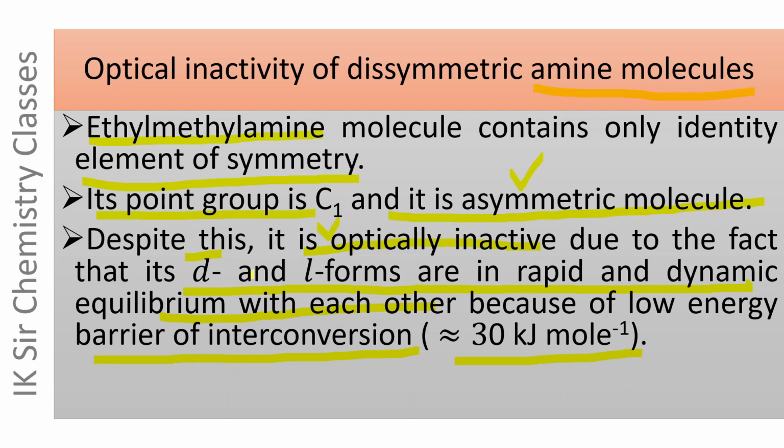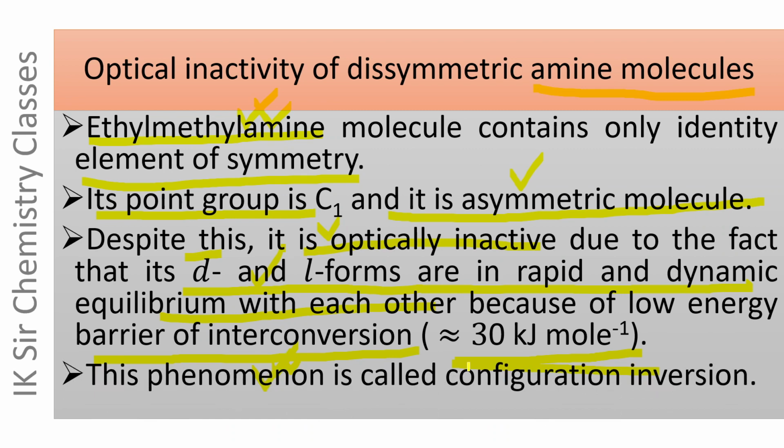The D and L forms, dextrorotatory and levorotatory forms of ethylmethylamine, are in rapid and dynamic equilibrium with each other because the energy barrier of interconversion is only about 30 kilojoule per mole. As a result, the ethylmethylamine compound occurs as racemic mixture of D and L forms and it is optically inactive.